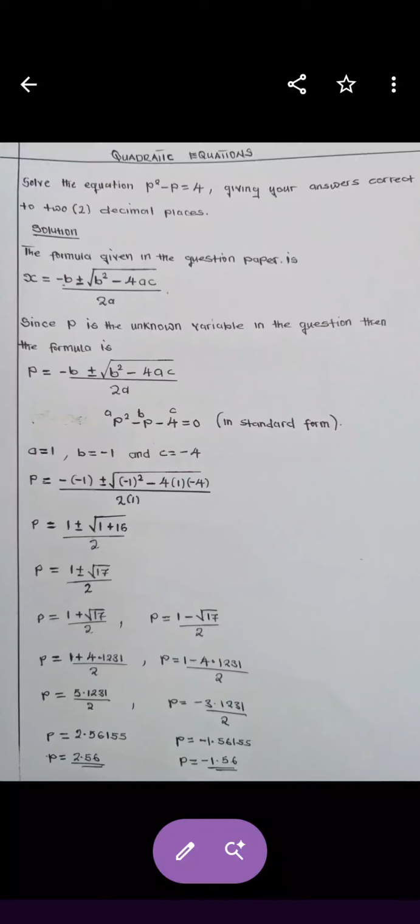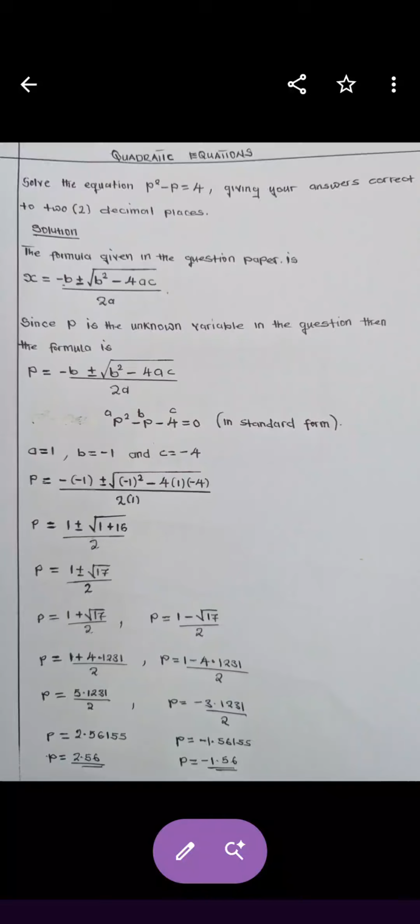You can only do that if the 1 plus 4.1231 are inside the brackets. Okay, because a calculator uses BODMAS.